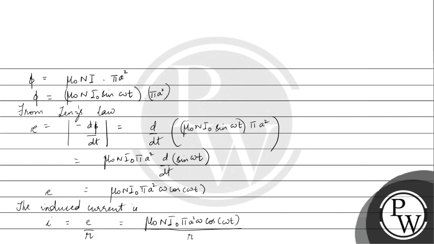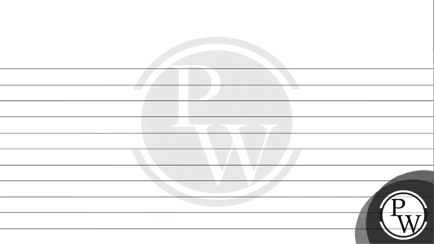So the resistance R is given by rho L by A. So L is essentially the length of the vessel through which current flows.